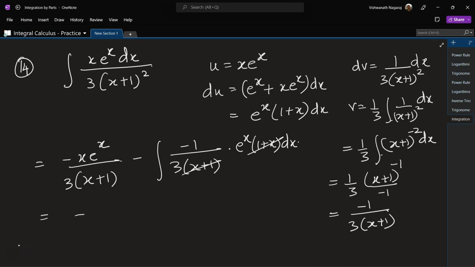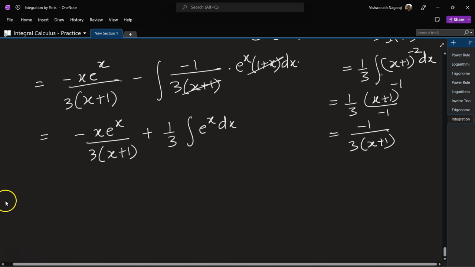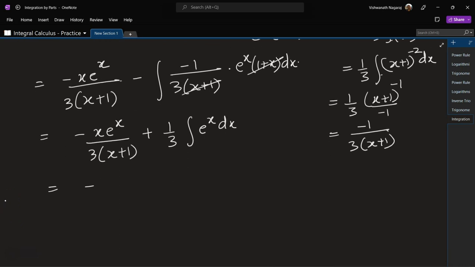So we have minus x e to the power of x by 3 times x plus 1 plus 1 by 3, we can take it out. We have e to the power of x dx. And that is pretty straightforward. So minus x e to the power of x by 3 times x plus 1 plus 1 by 3 e to the power of x.